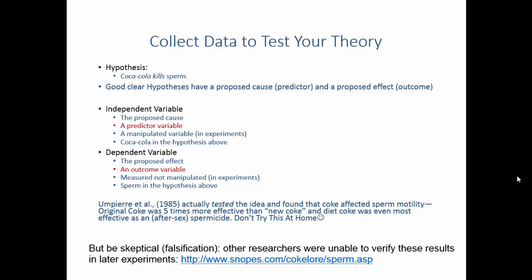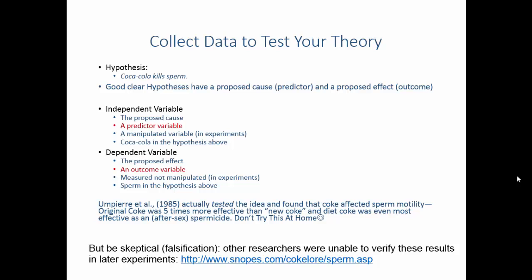So a dependent variable is measured, not manipulated directly by the researcher in experiments. So in our simple example here, number of sperm, I would say, is the dependent variable because you're trying to see if it was affected by the application of Coke versus other drinks, for example.